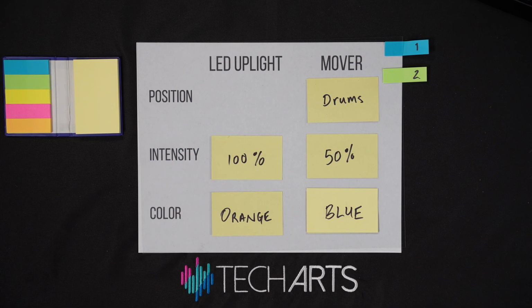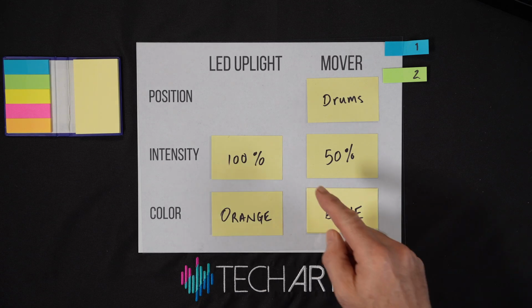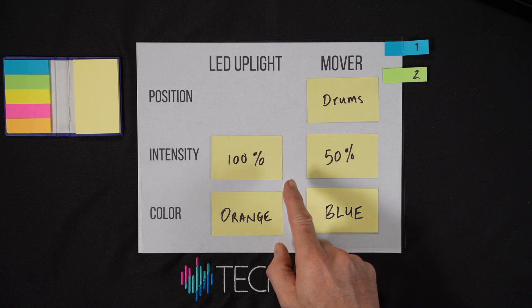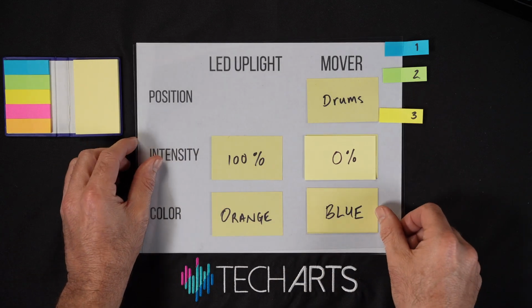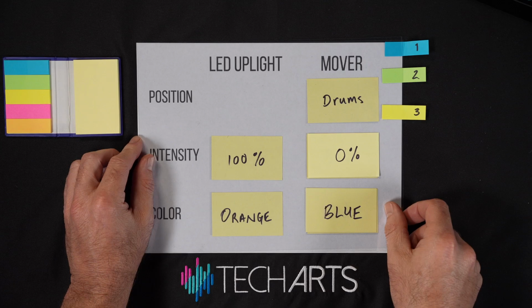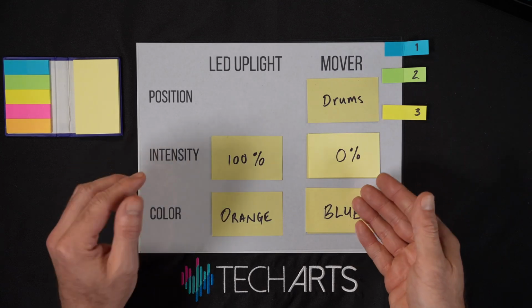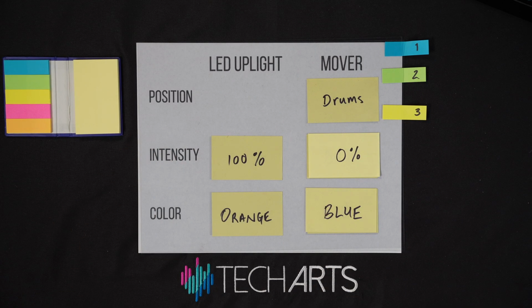And that continues. So for Q3, which is when we start the intro video, we take this drum light down to 0%. And you can see how the cue state stacks as you keep going.